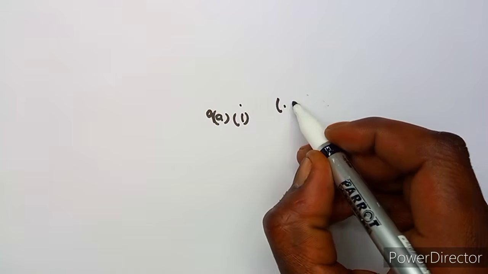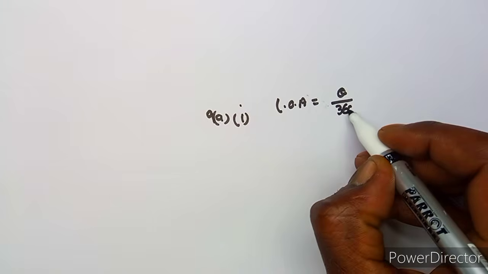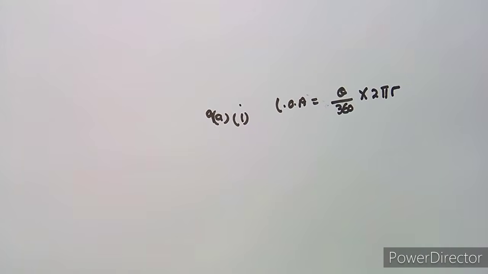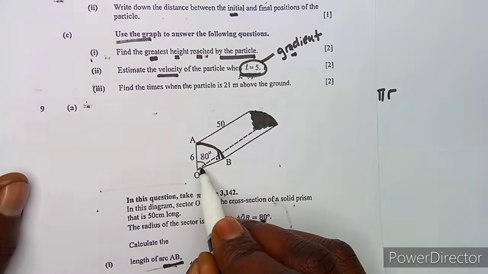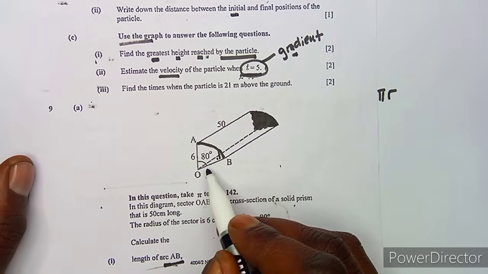So length of arc is equal to theta over 360 times 2 pi r, from the circumference of a circle. It's not the complete circle, but a piece of a circle that you're going to take, which is out of 360, you're going to just take 80 degrees.